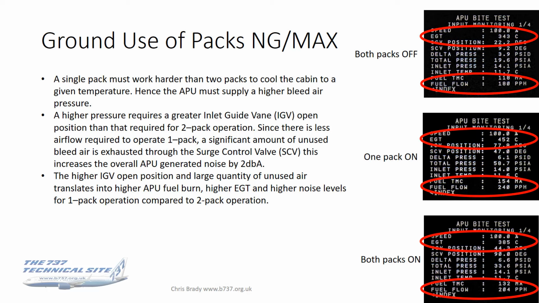Anyway, getting back to the IGVs, the higher IGV open position and the large quantity of unused air translates into a higher APU fuel burn, a higher EGT and higher noise levels for 1-pack operation compared to 2-pack. And you can see that there on the fuel flows, 180 pounds per hour compared to 240 and 204.